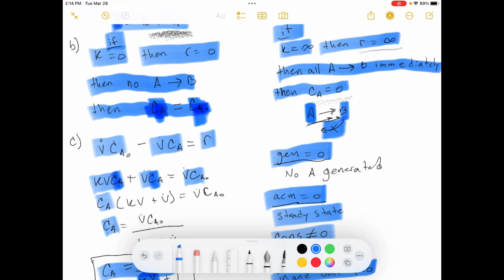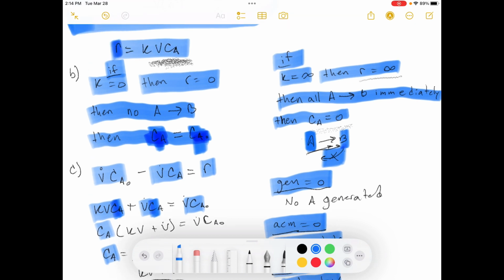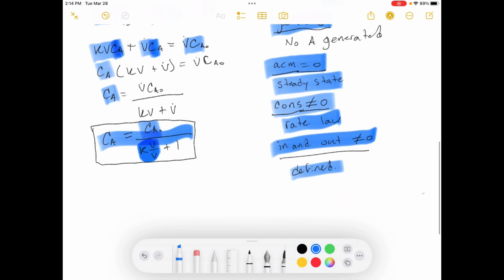Now let's find out what happens when K goes to infinity. That means this number is very, very big, plus 1. Infinity plus 1 is just still infinity, right? So CA naught divided by infinity, well, that is 0, right?